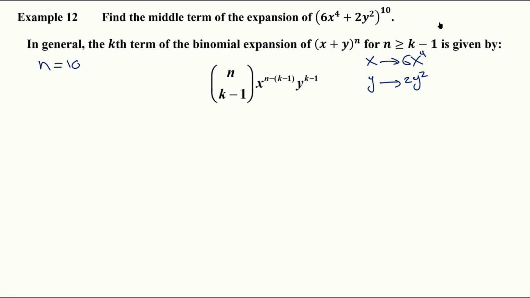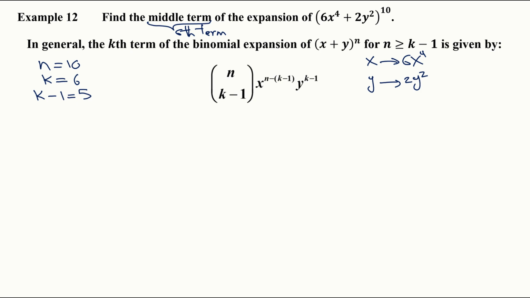So the middle term is the 6th term. We could have been nicer and told you to find the 6th term, but this is just extra practice. So k equals 6, which means k minus 1 is 5.